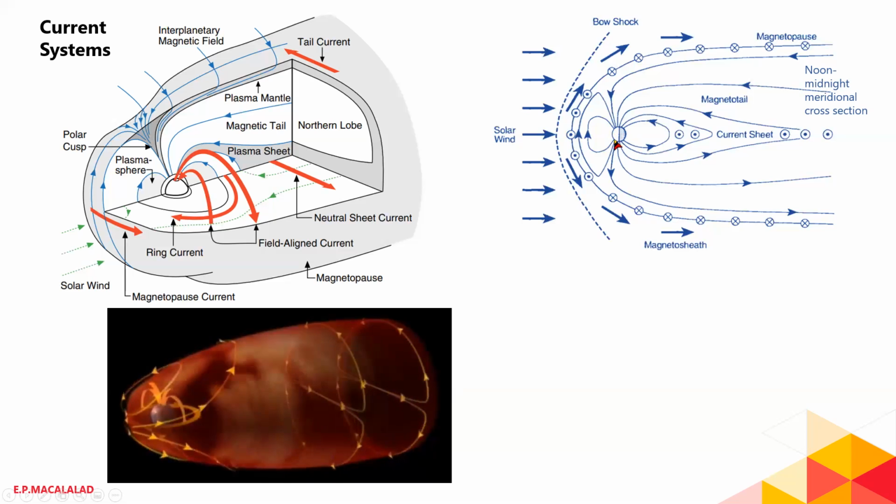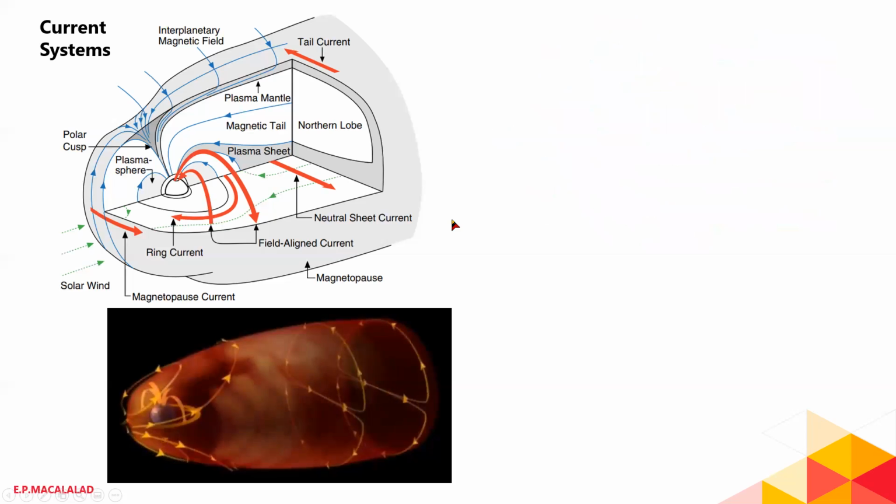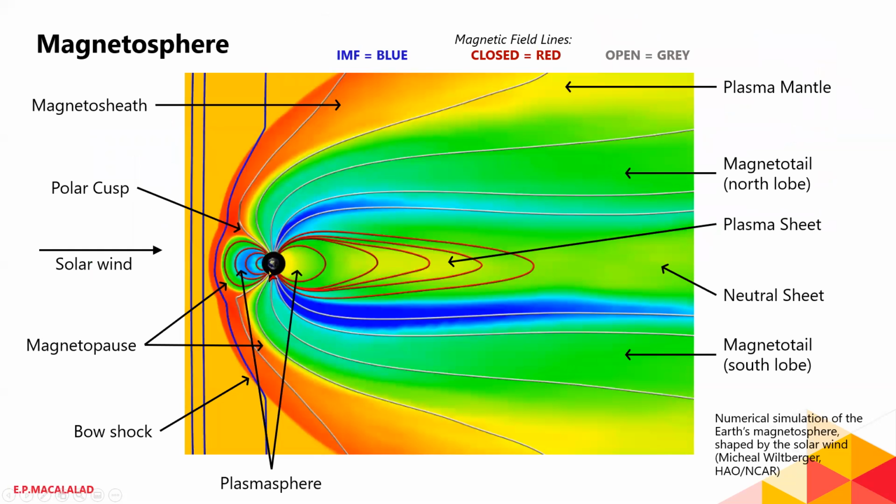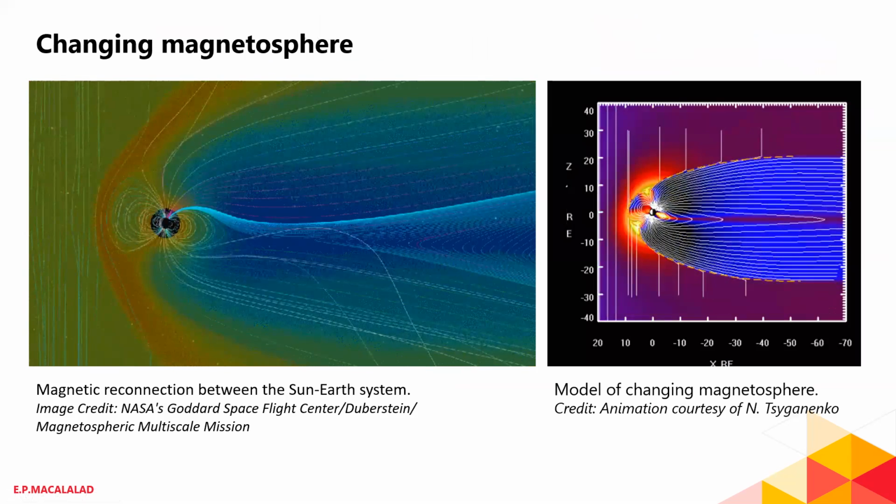This is the day side, and this is the night side. This side of the Earth is noon, because it faces the sun, and this side is where your midnight is. So this picture is the noon-midnight meridional cross section.